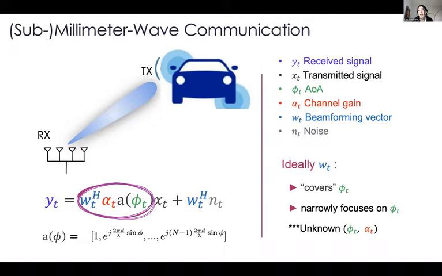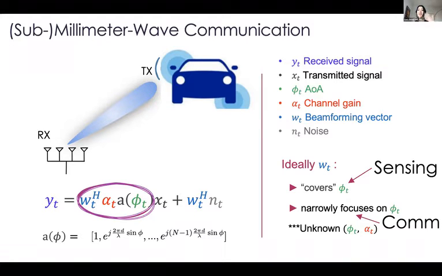So from a very high level, this is the connection to joint sensing and communication. If I could sense where this transmitter is, I could make sure that my beamforming vector W_t covers it. And then for communication purposes, I would like to focus this energy and receive it. So that's high level.